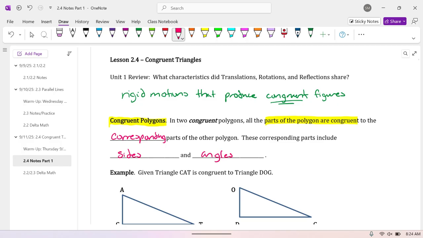They can be in different locations. So, for example, think about rotations. Sometimes when we rotate a figure, its orientation would look different, but it would still be a congruent figure. All right? It's like, say, if we had a right triangle, let's call it ABC. And let's say I had another one, just turned this way.